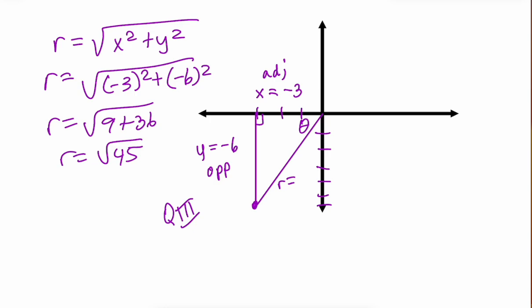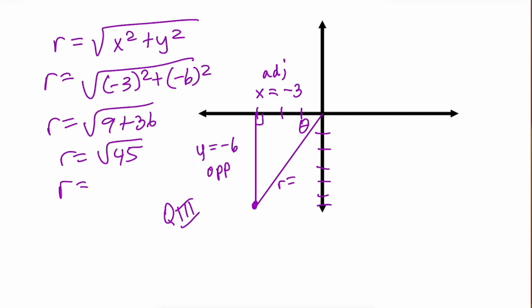Now we want this in reduced radical form. Because we have a very limited number of things to look for, if we go through the perfect squares before we get higher than 45, that's 1, but that doesn't really count. 4, 9, 16, 25, 36, and we just have to choose from those values.